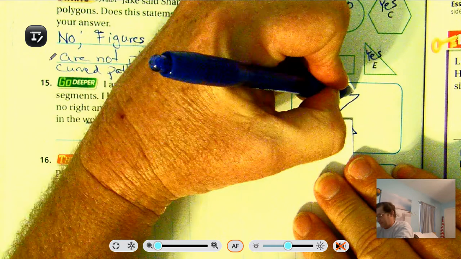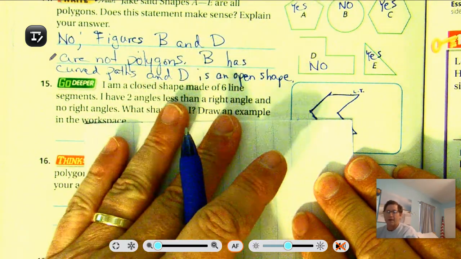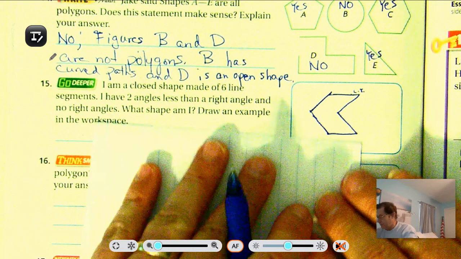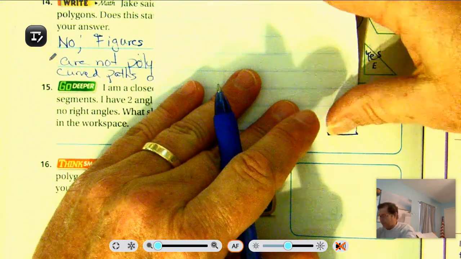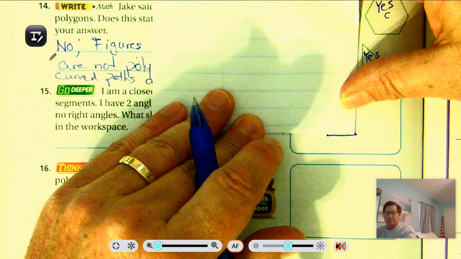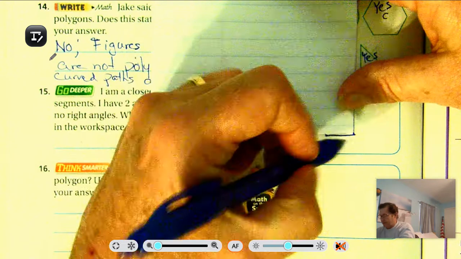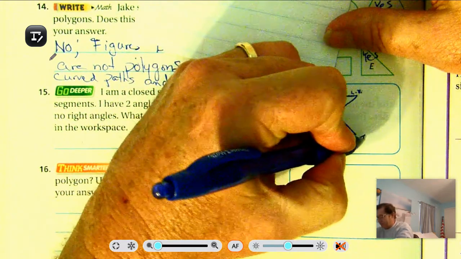So this is less than a 90-degree angle, less than a right angle. And the bottom one looks the same way, but let's put it on here and double check. So I can see the bottom lined up with my paper, but I can't see the other line segment, so this is also less than.